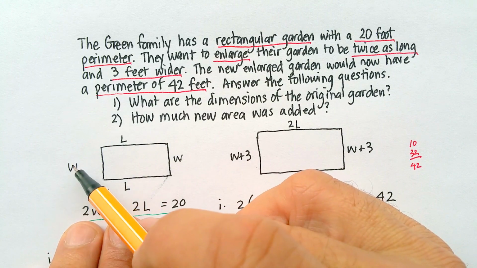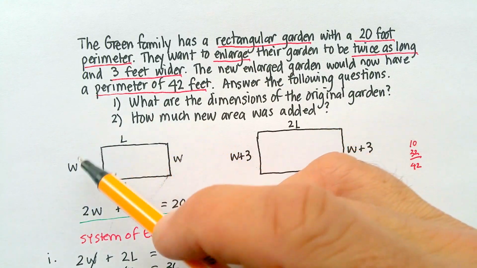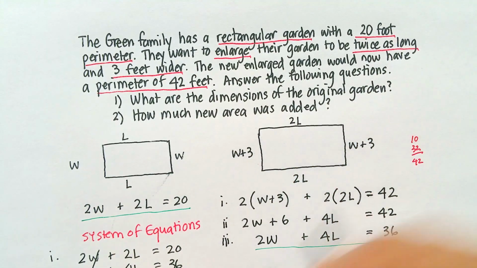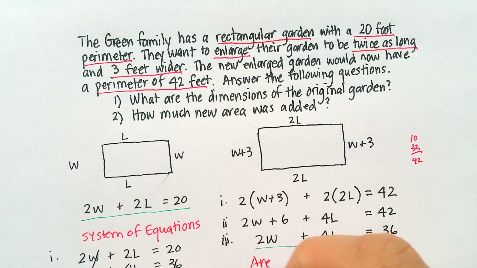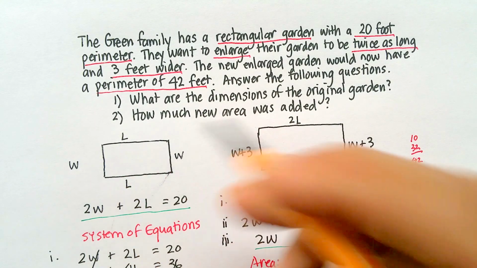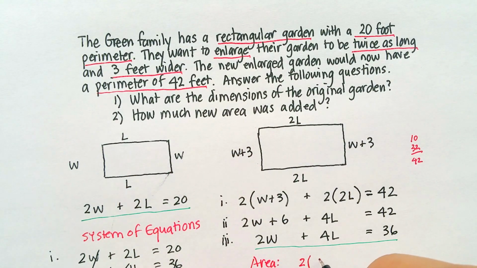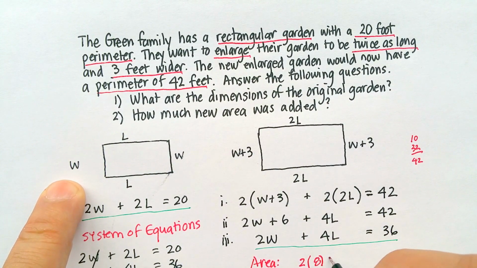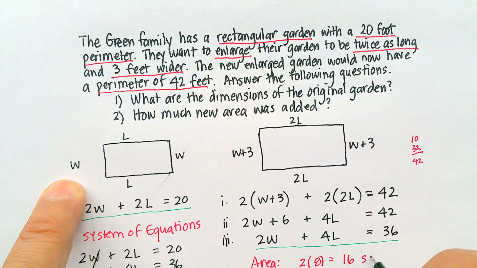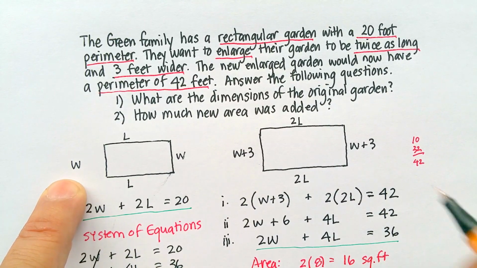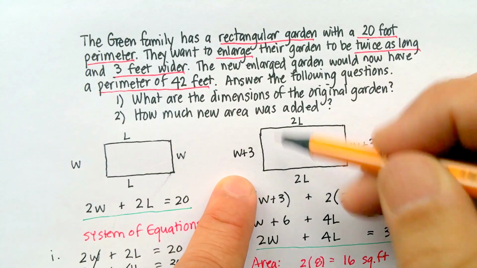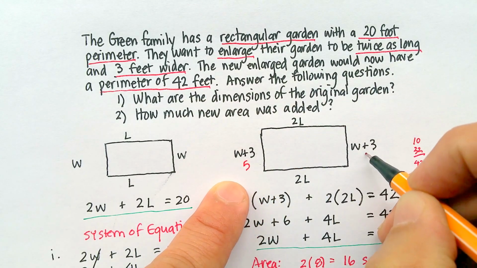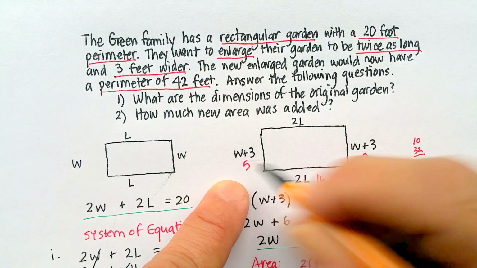Now, what are the dimensions of the original garden? The width was, what did we say, 2 feet. The length was 8. How much new area was added? I forgot to do that part. Remember that area is length times width, so it's 2 times the width times the length, 16 square feet. And the area of the new place, we said was 5 by 16.